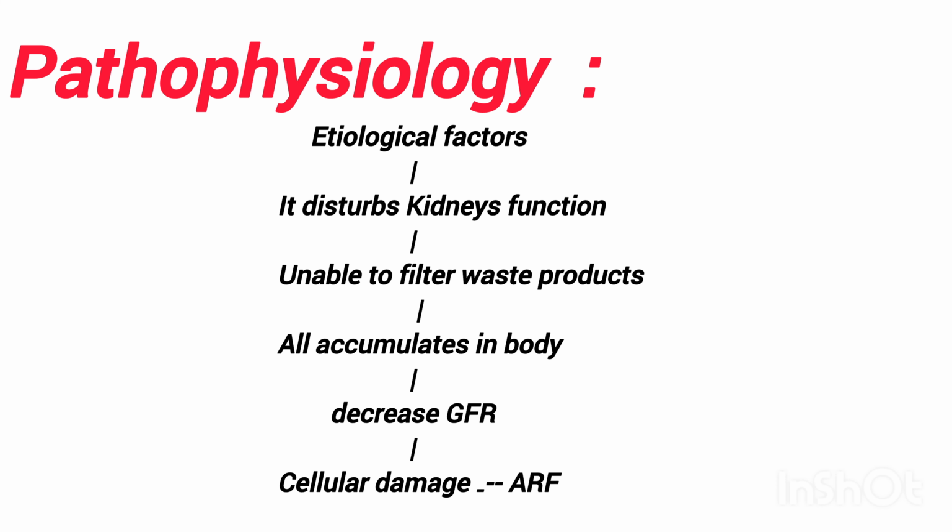If the waste is not filtered, it all accumulates in our body. Due to that, the glomerular filtration rate is disturbed, so the function of the GFR will be decreased. Whatever accumulates in our body causes cellular damage, which leads to acute renal failure.